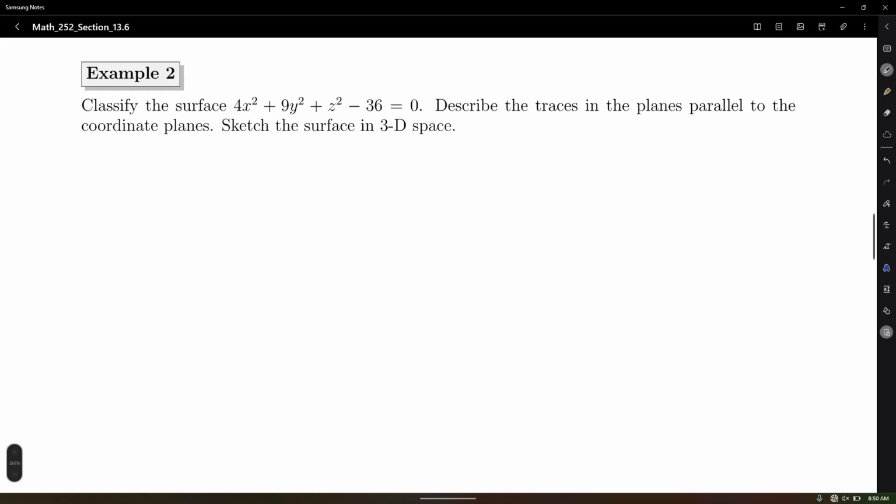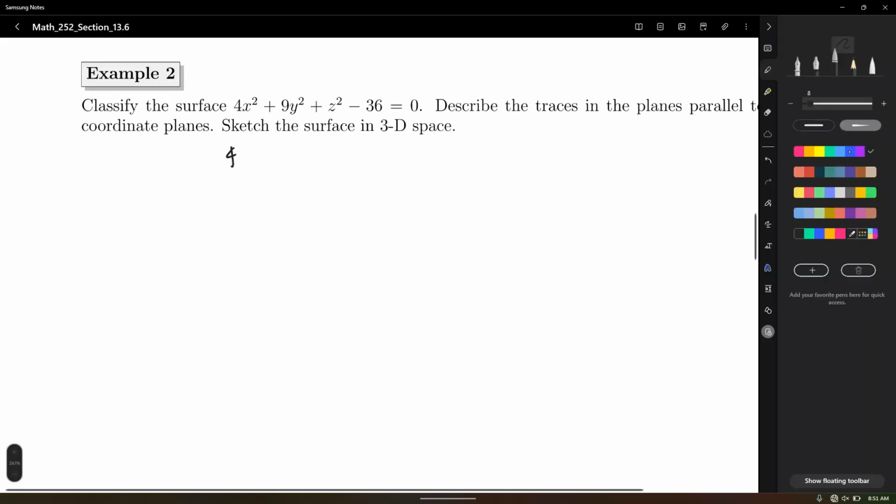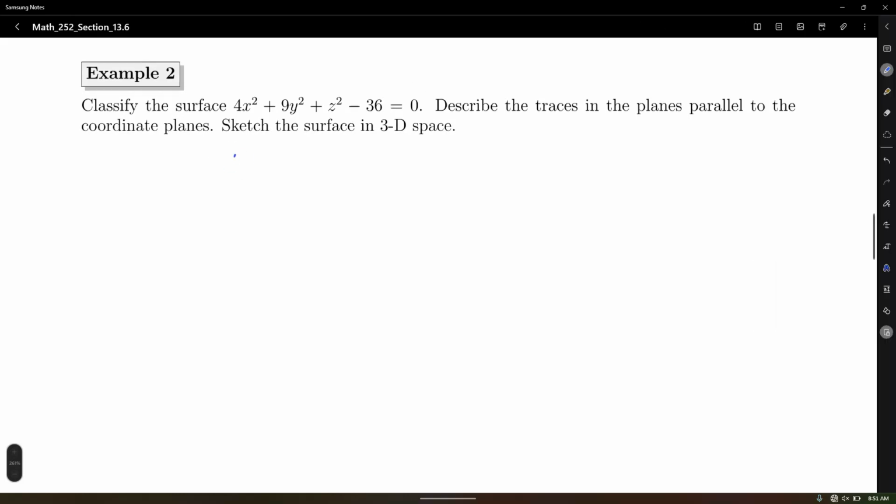Well, we're going to work this equation to make it look like the actual generic form. So I'm going to move the 36 to the right hand side. That gives us 4x squared plus 9y squared plus z squared equals 36. And I'm going to divide both sides by 36 because our generic form calls for a 1 on the right hand side of the equation.